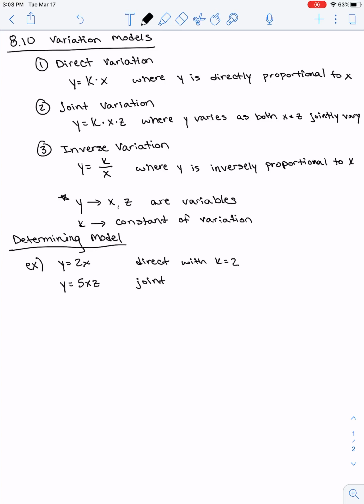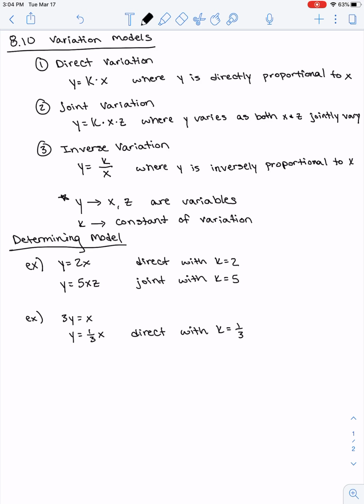So for example, if I gave you 3y is equal to x, you need to manipulate this so that y is always what's being solved. So to get y on its own, you need to divide both sides by 3. You get y is equal to 1/3 x. So this is direct variation with k equal to 1/3.